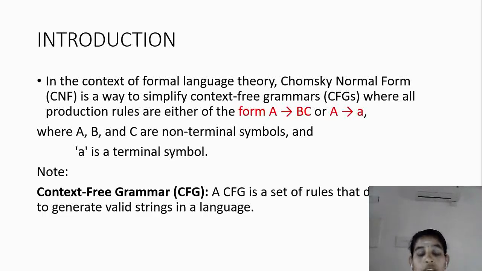It gives a standard structure for your grammar, because this context-free grammar is used to create a set of accepted, valid strings. When you follow the Chomsky normal form, you can validate whether the given strings are accepted by your model or not.